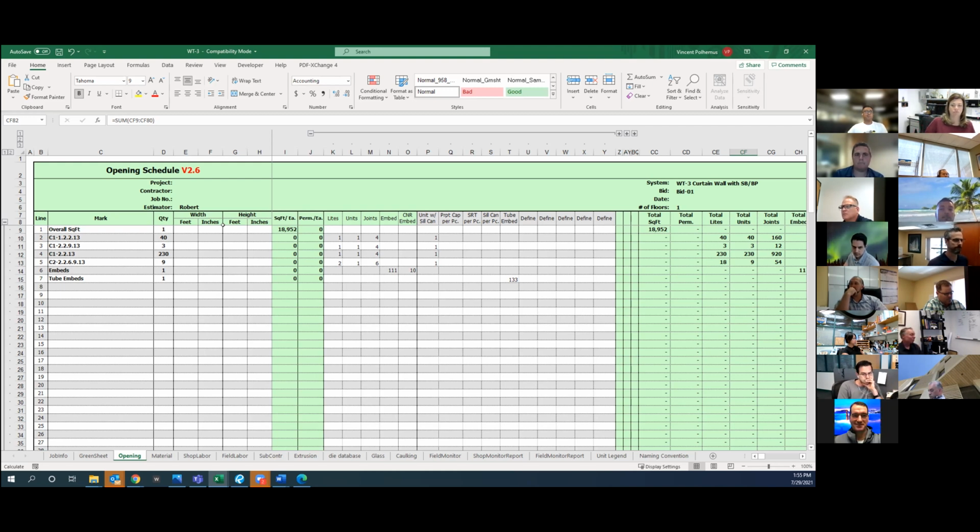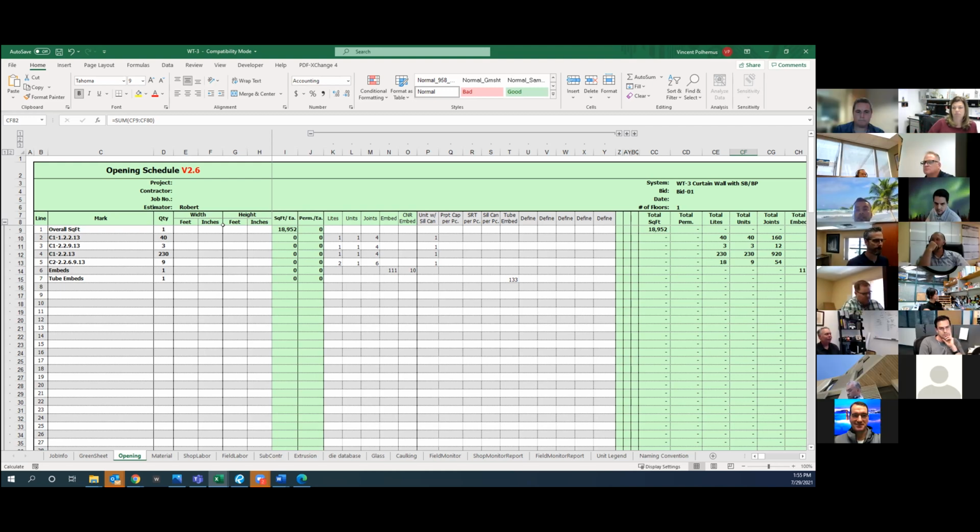How are we estimating panels? Are we modeling those, or are we still taking those off manually? It's a combination of both. The modeling team is working on that and is able to model the panels. We're still working on what a good output looks like and what data we can actually get from that.